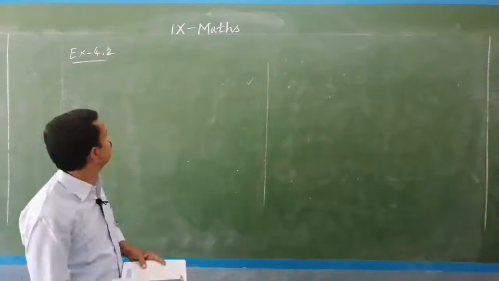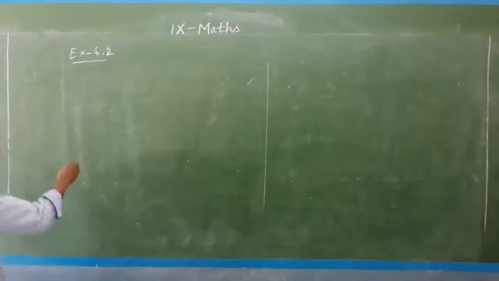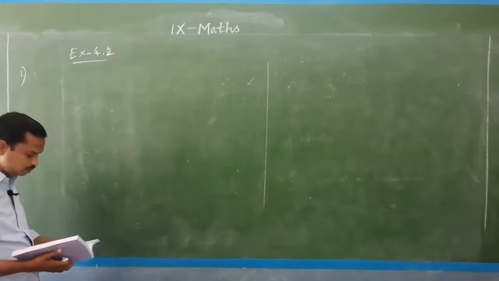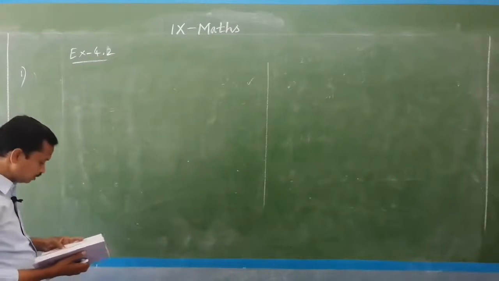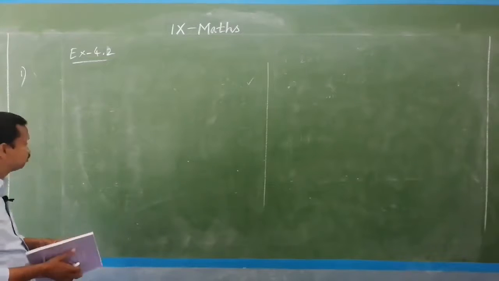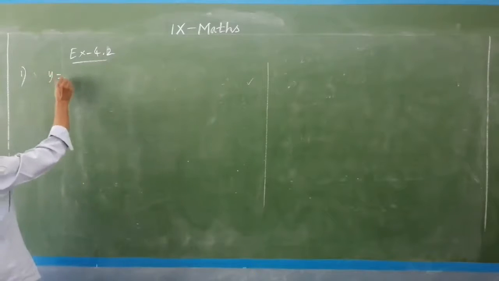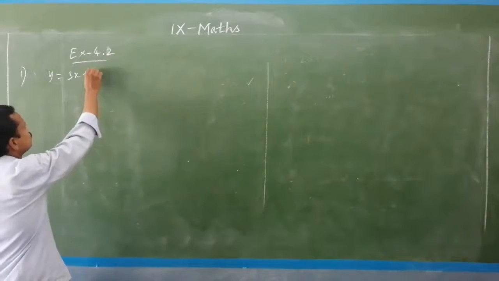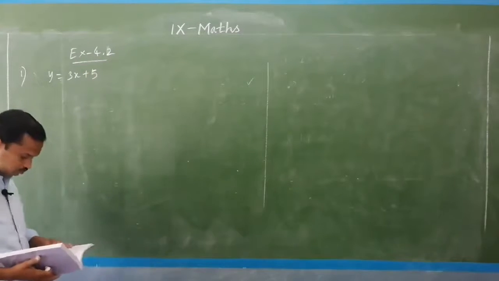So, exercise 4.2, first sum. Which one of the following options is true and why? The given equation is y equal to 3x plus 5.